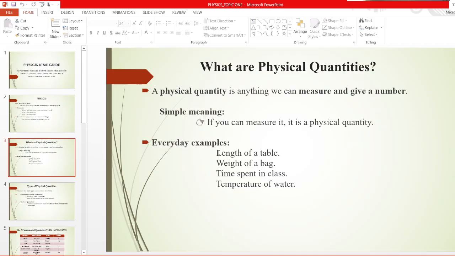Temperature of water, height of a woman, speed of a car. Anything that you can measure is called a physical quantity. Please take note of that.